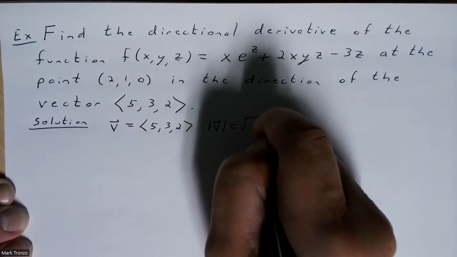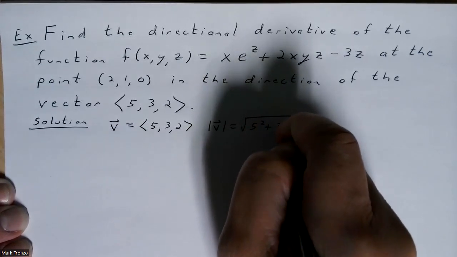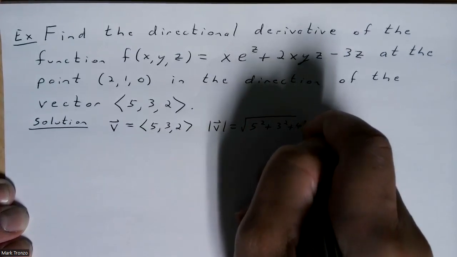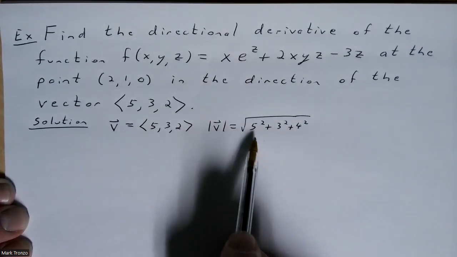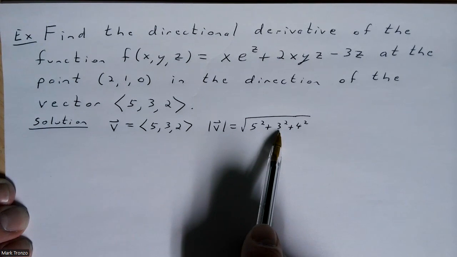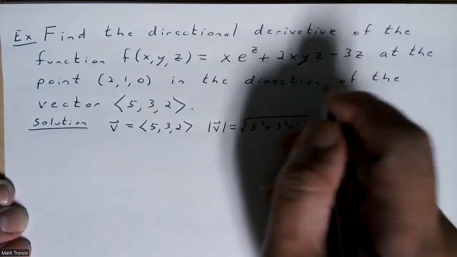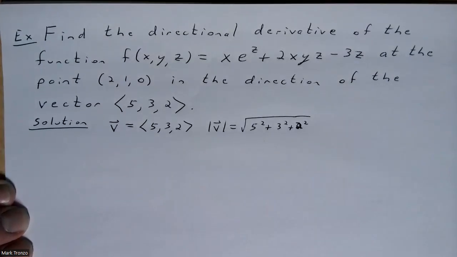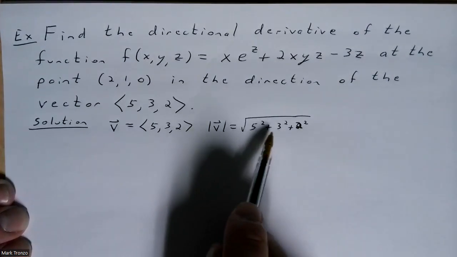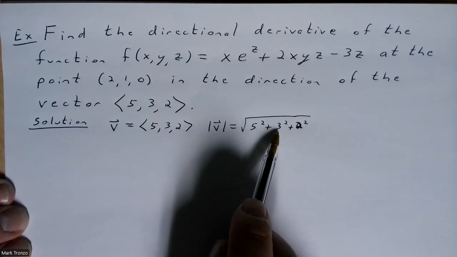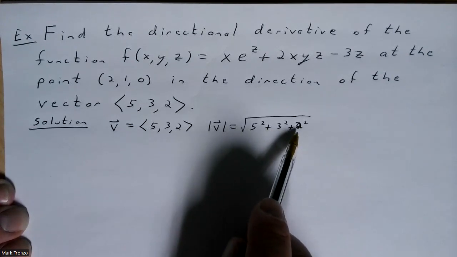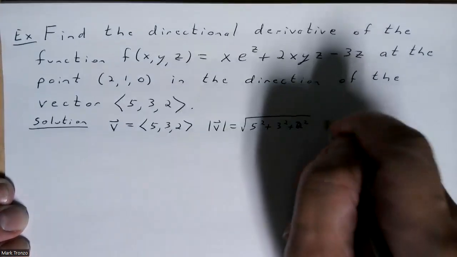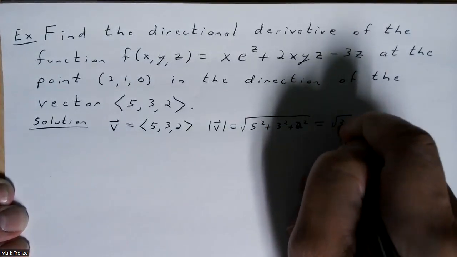And so it's going to be 5 squared plus 3 squared plus 4 squared. Excuse me, this should be 2 squared. I'm getting a little ahead of the game. 2 squared. So it's going to be 25 plus 9 plus 2 squared, which is 38. So this is a square root of 38.